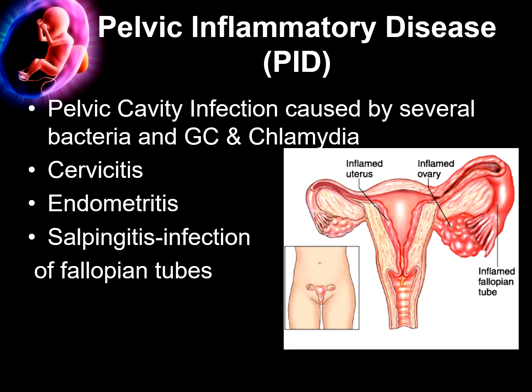It can cause ectopic pregnancies because of the scarring of the fallopian tubes, and it causes the fertilized egg to implant before it reaches the uterus.